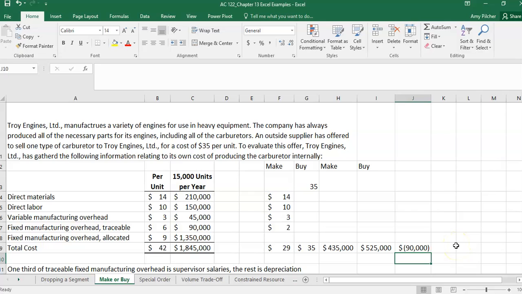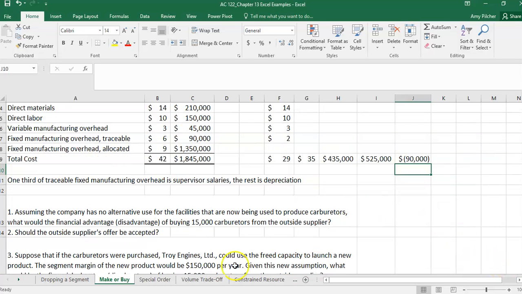So it's a financial disadvantage of $90,000. Question 2 says, should the outside supplier's offer be accepted? No. At a financial disadvantage of $90,000, we would not accept the outside supplier's cost.